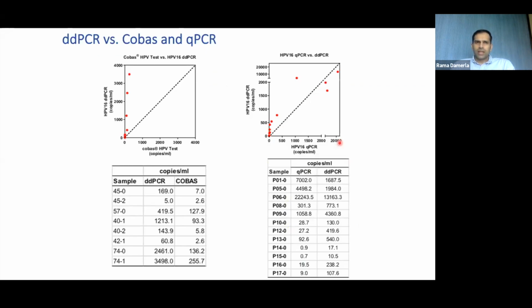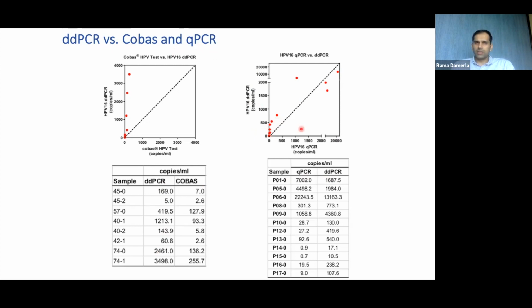We did some more standardization. We compared our ddPCR with other commercially available assays and qPCR assays. Here you can see the comparison between droplet PCR and COBAS, and the digital PCR performed much better. When you compare qPCR to digital PCR, the digital PCR, on the y-axis, compared better.